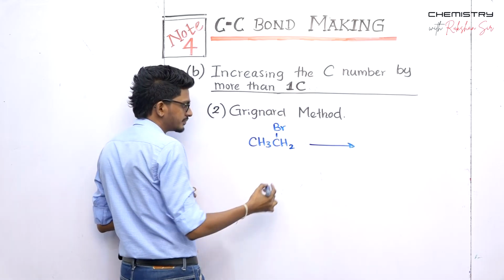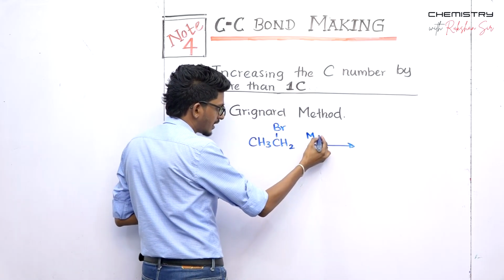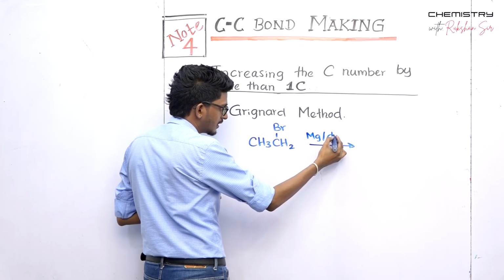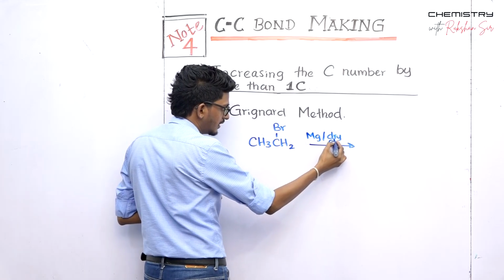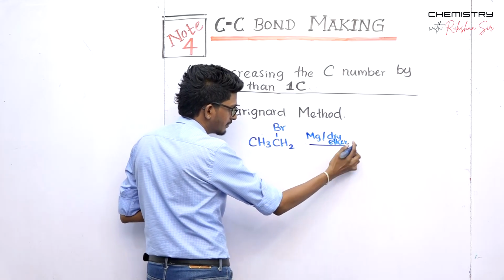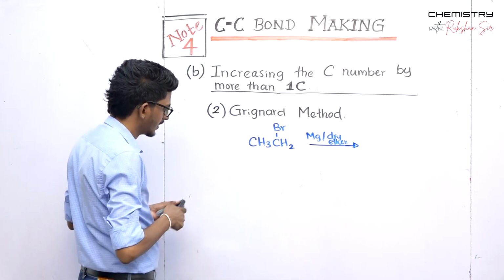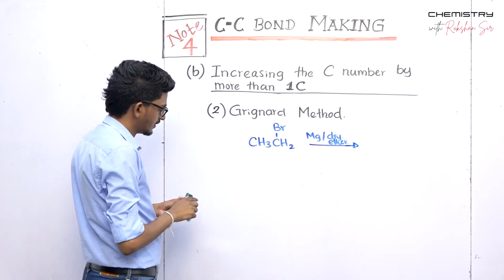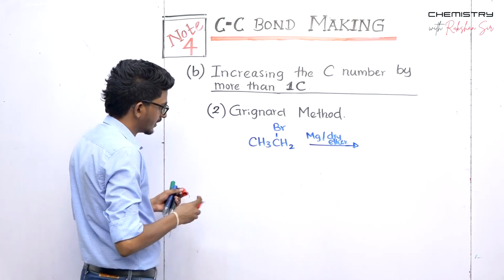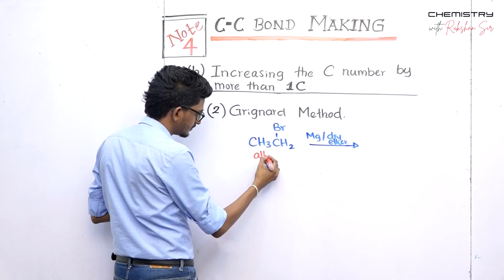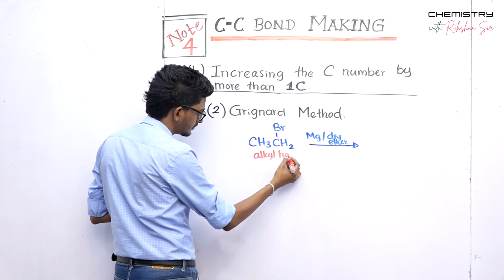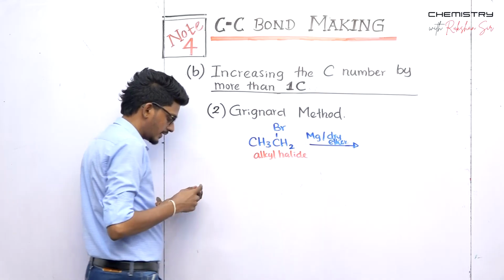If you add magnesium in dry ether medium to the alkyl halide, this is how we produce the Grignard reagent.